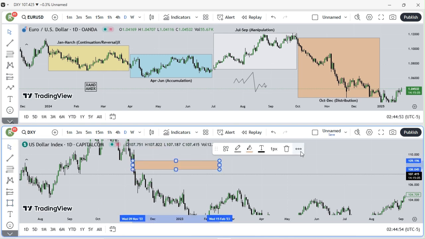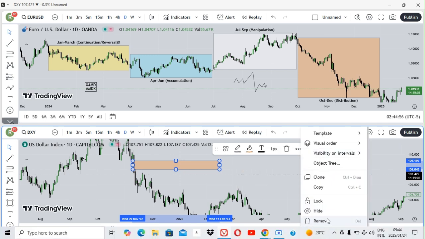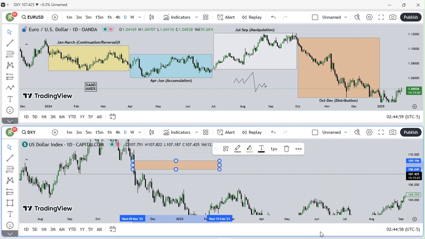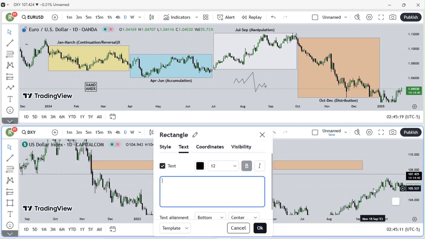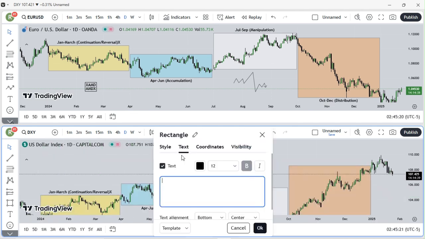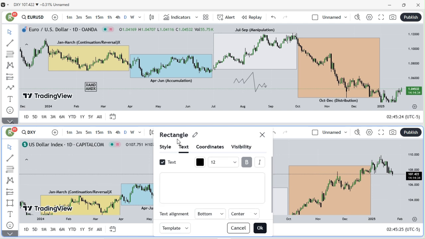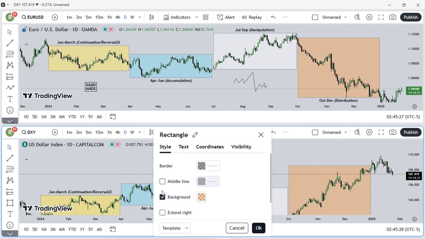I'll just extend it to the left side so we can see where the price was running to exactly. If we can understand this price action, it's going to make your trading simpler. I don't know what's happening here, but let me just fix it, extend to the right. Yeah, there it is.